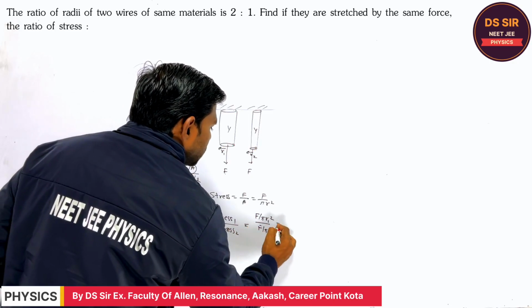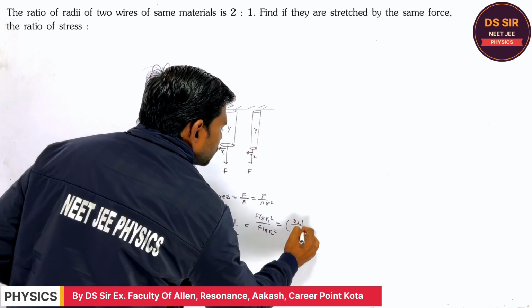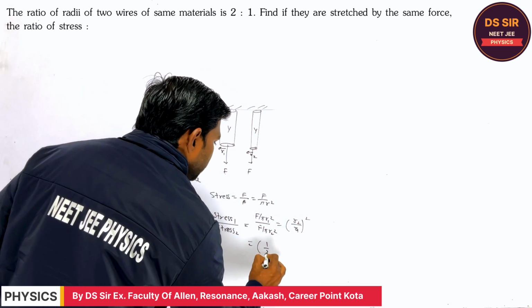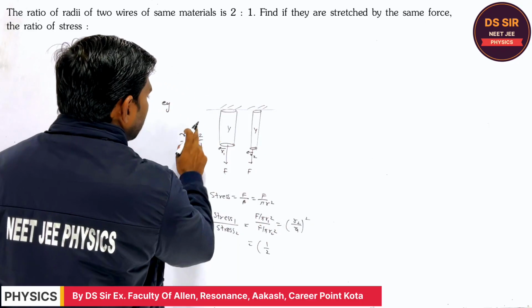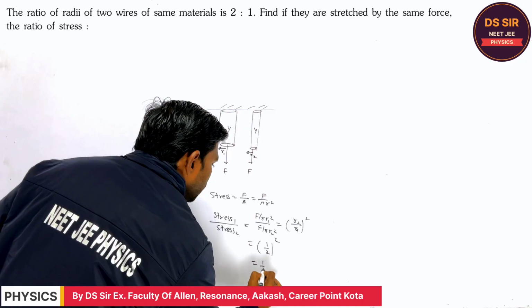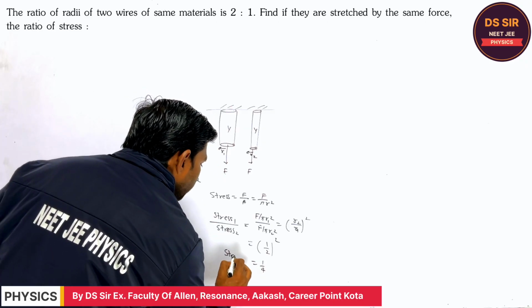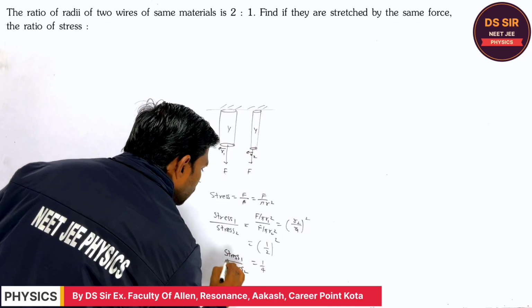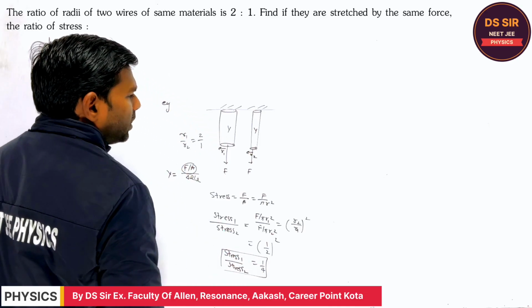So this is equal to (r2 upon r1) whole square. R2 upon R1 is 1 by 2, so this is equal to 1 by 4. So the ratio of the stresses in wire 1 and wire 2 is 1:4.